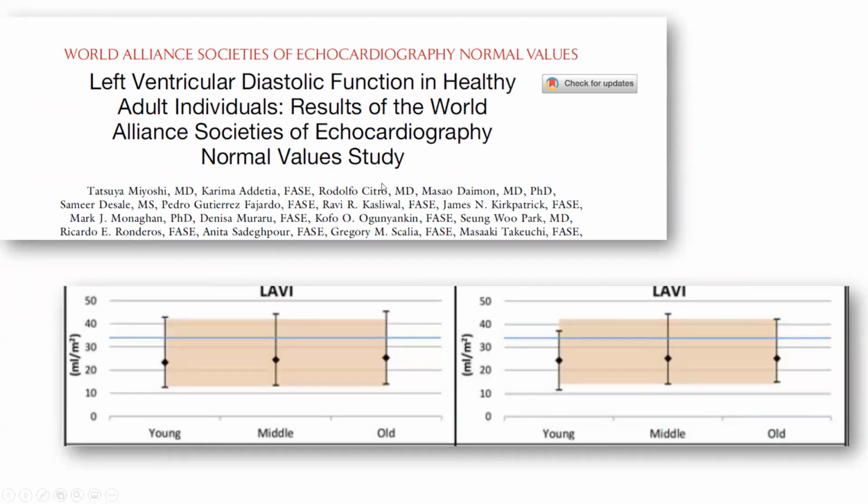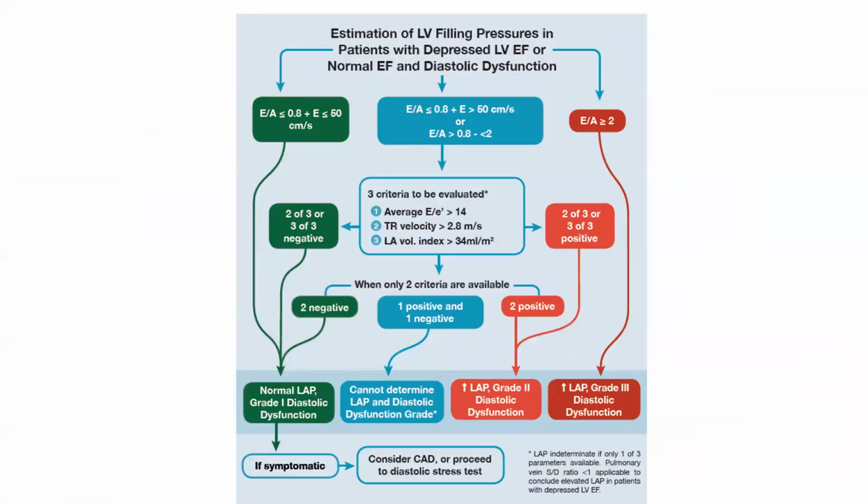And in work that was done in the so-called WAYS study, the World Alliance Societies of Echocardiography study, it is looking like the left atrial dimension in normals throughout the world may be a little bit larger than the 34 cc's per meter squared. But you will not be tested on that. This is just for your own information.